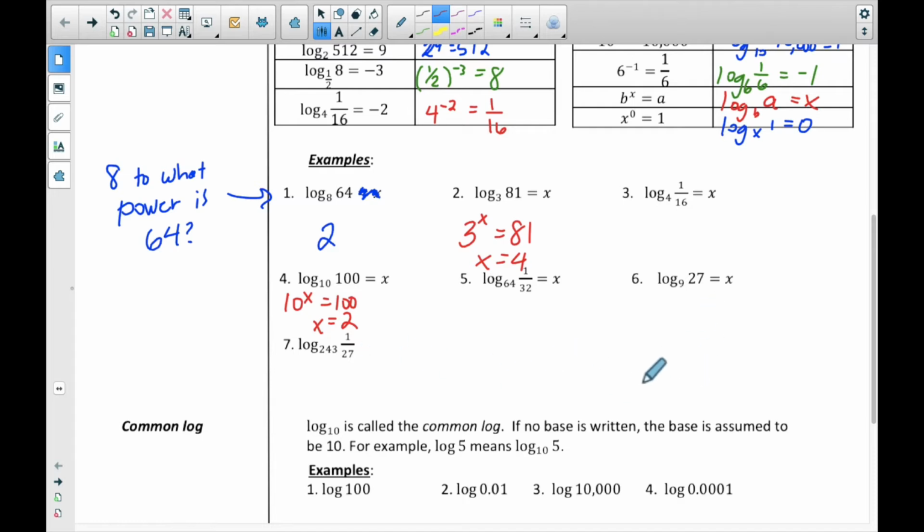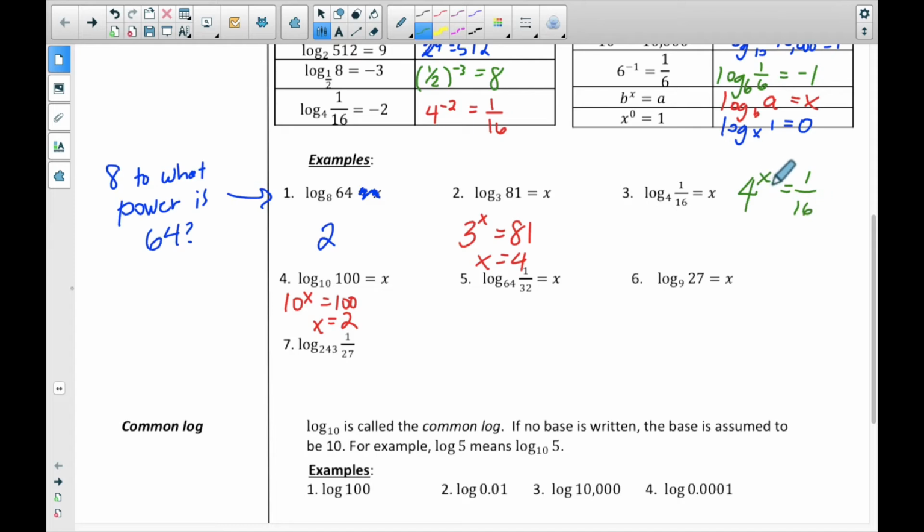Okay, let's get into some of these scarier ones here. Number 3, log base 4 of 1 over 16. What's that answer? Okay, to find that answer, I'm going to come over here so I've got more space. We're going to say 4 to the x power is 1 over 16. Well, the fraction is what's throwing you off, right? You're kind of intimidated by that fraction. And so we have to think about, okay, how are we going to do that?